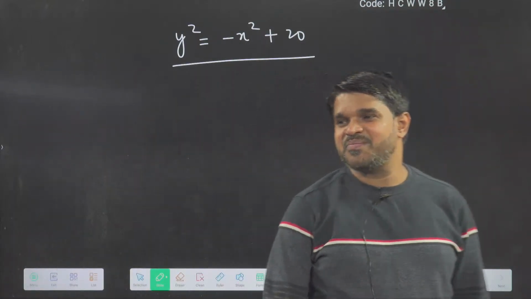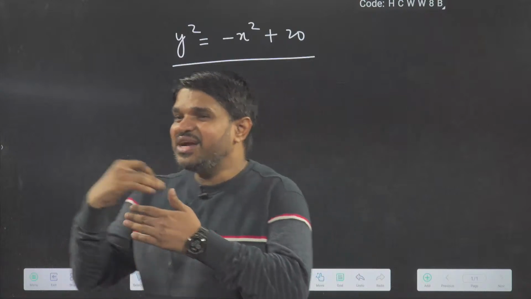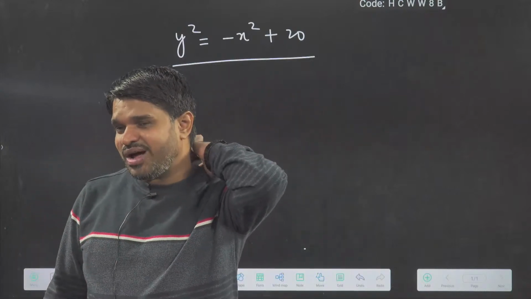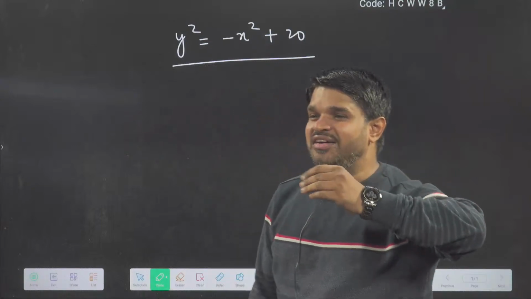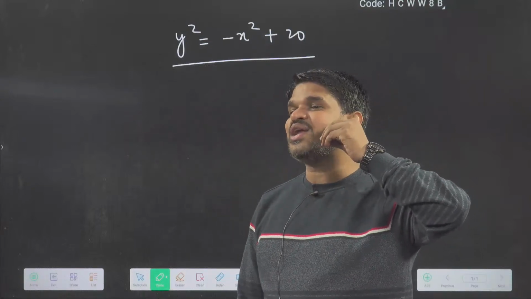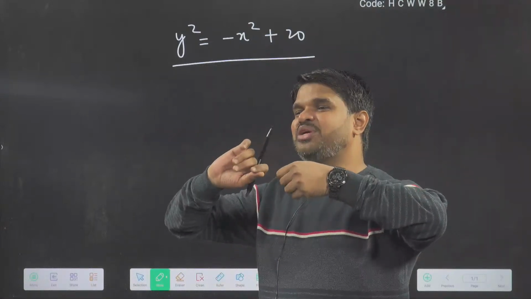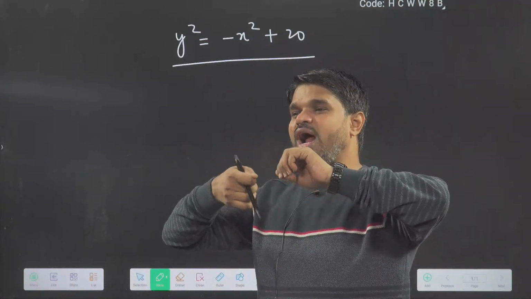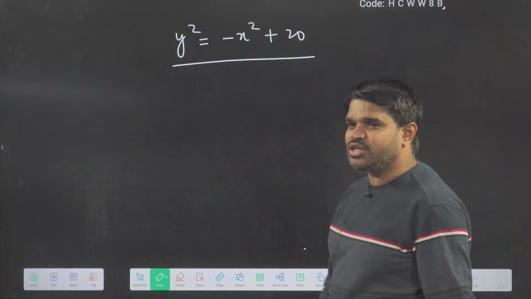Do a little bit of adjustment also. As you grow in life, the level of the questions is not going to be very straight. Sometimes a question will be twisted a little bit, and you have to untwist it as per your requirement. So this is the equation of what?